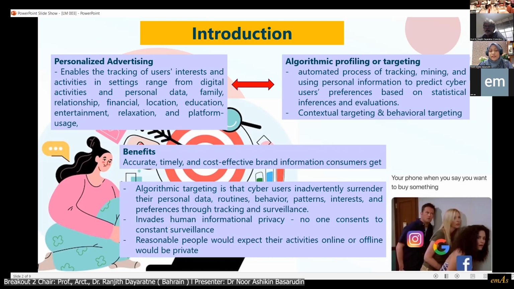In physical life, we don't want our behavior and routines to be tracked, as it invades human informational privacy. And of course, nobody will consent to constant surveillance. A reasonable person would expect their activity, whether offline or online, to be private, right?